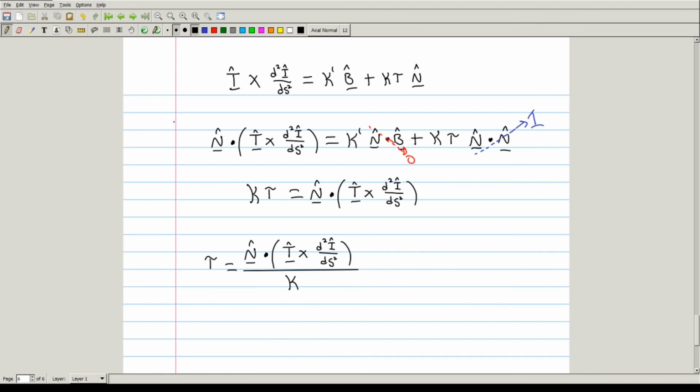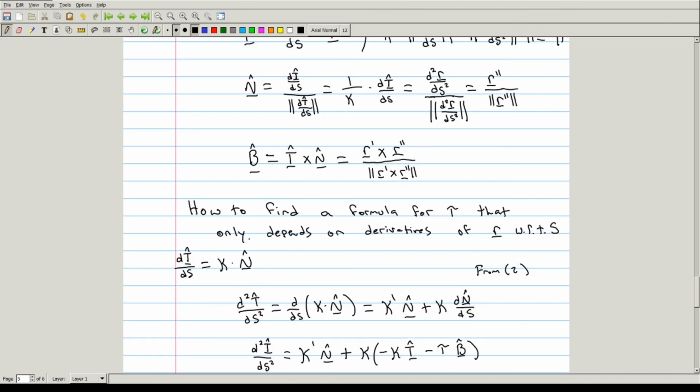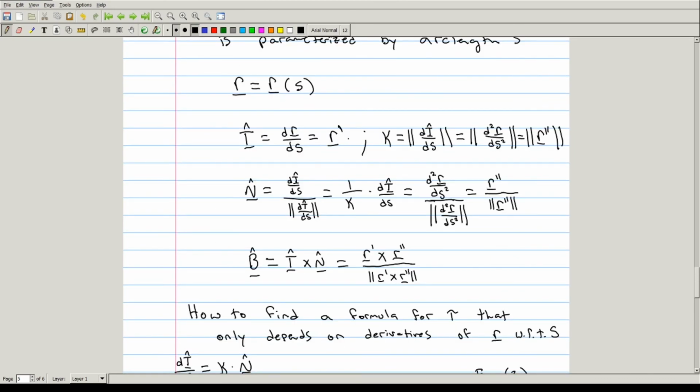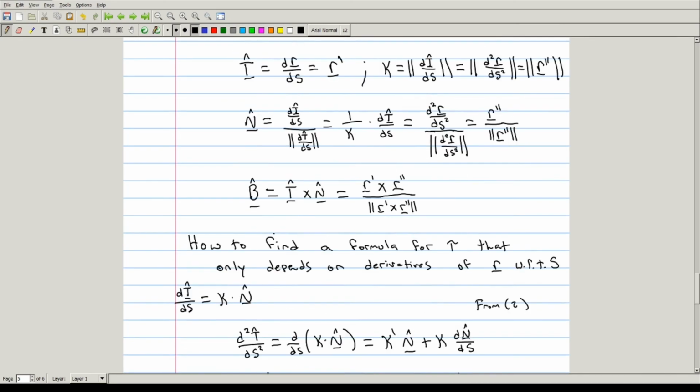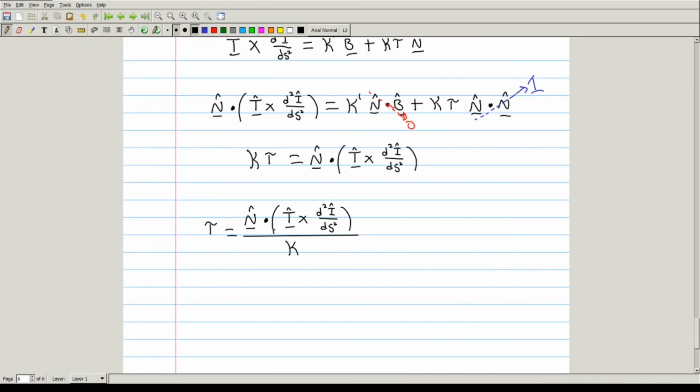And if you recall from what we wrote down at the very beginning, which is the relationship between the derivative of the position vector with respect to arc length and all of these unit vectors, t hat, n hat, and b hat, we can directly plug in and obtain the following expression.